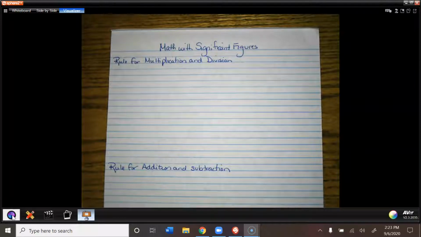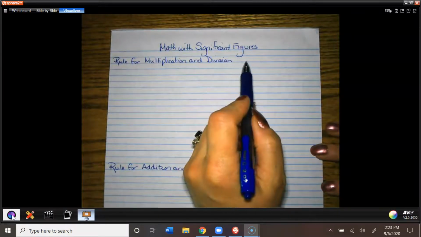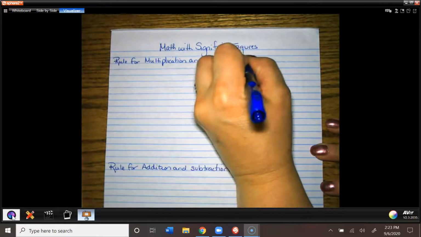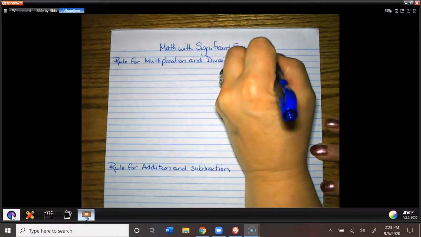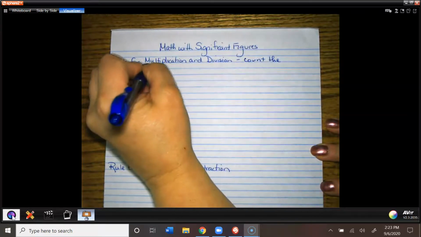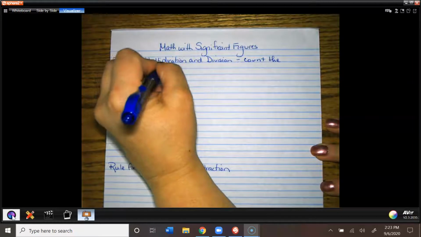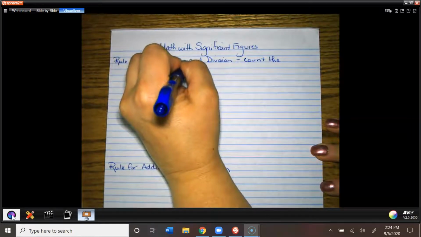So I want to give you each rule and then give you a couple of examples. It's really pretty easy once you see an example or two. The rule for multiplication and division is to count the number of sig figs in each number, so count the sig figs in all your values.